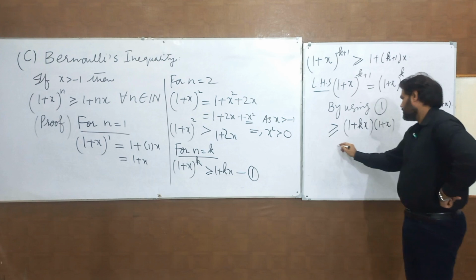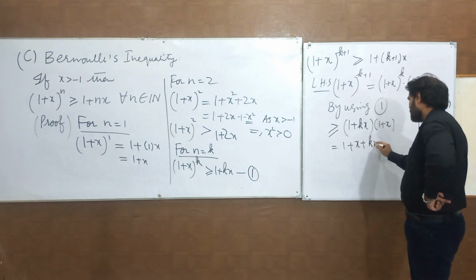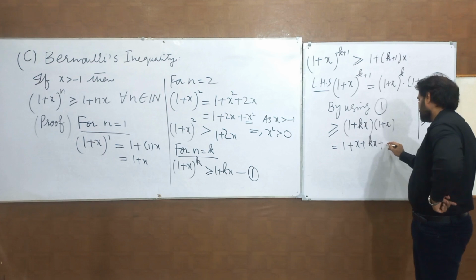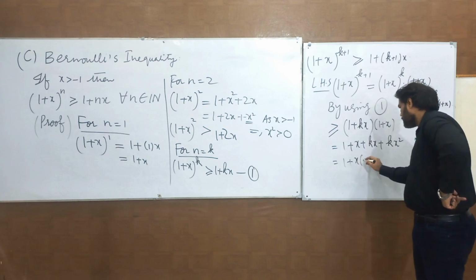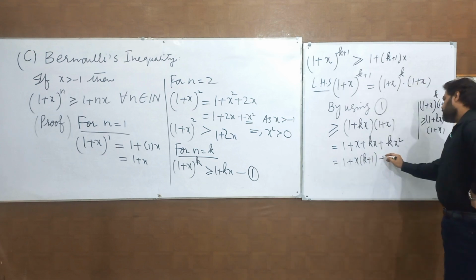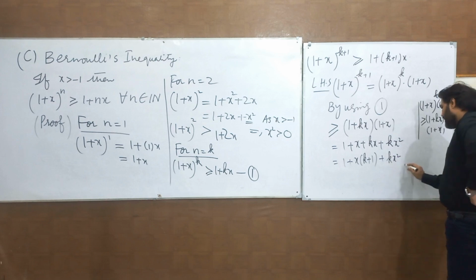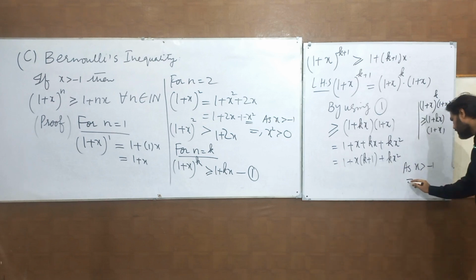Multiplying these two factors, we have 1 + x + kx + kx squared. By taking x common, this is 1 + (k + 1)x + kx squared. As x is greater than -1, x squared is greater than 0.